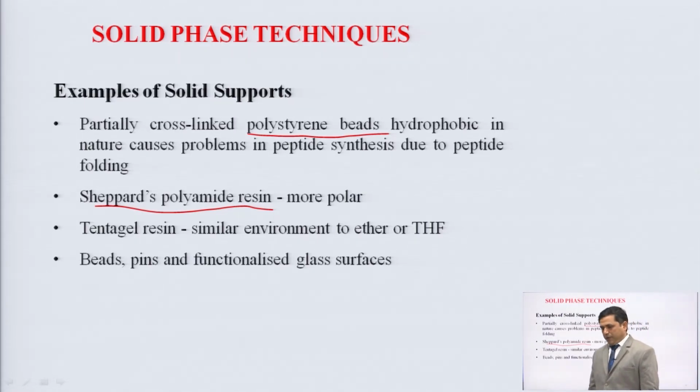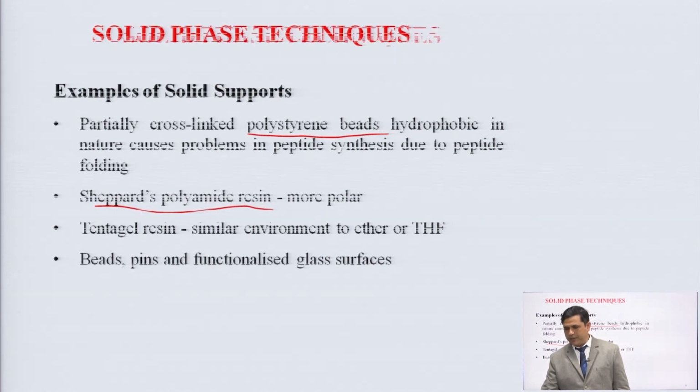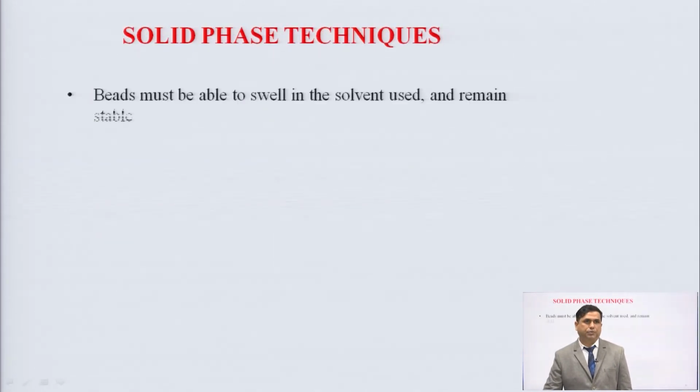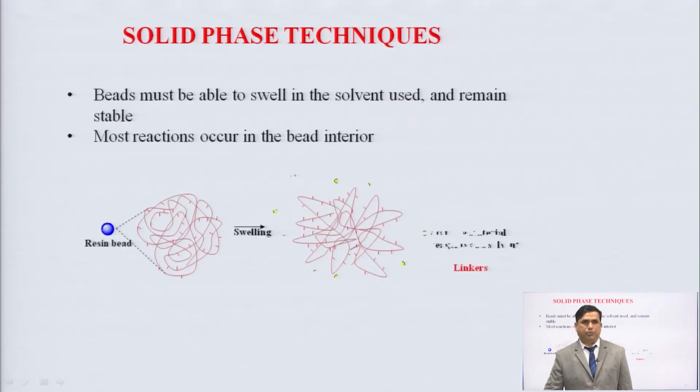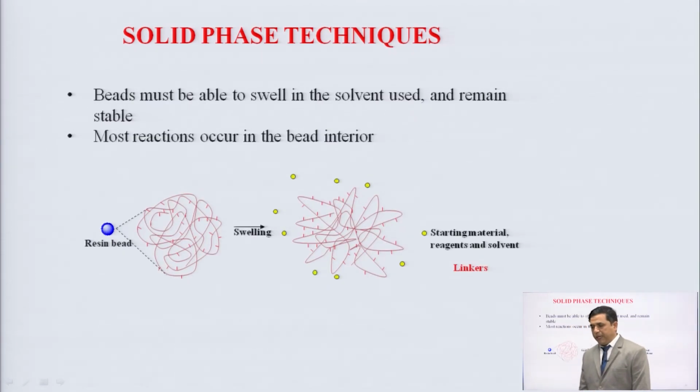Then there is TentaGel resin, which provides a similar environment to ether or THF; also beads, pins or functionalized glass surfaces that we can use as a solid support. So, what are the characteristics of the solid support? The beads must be able to swell in the solvent.